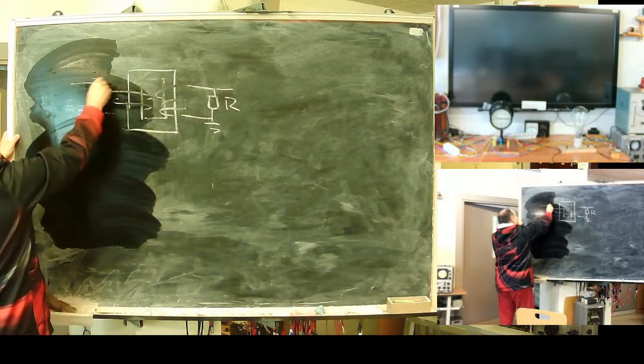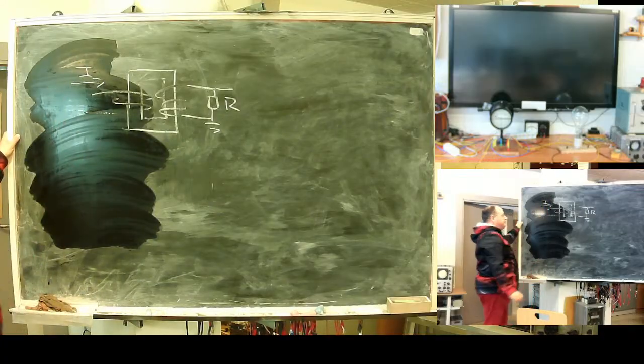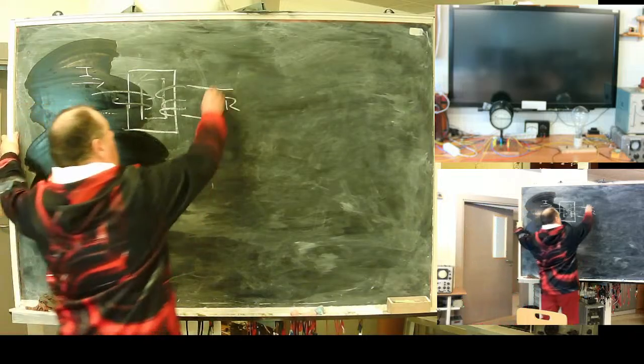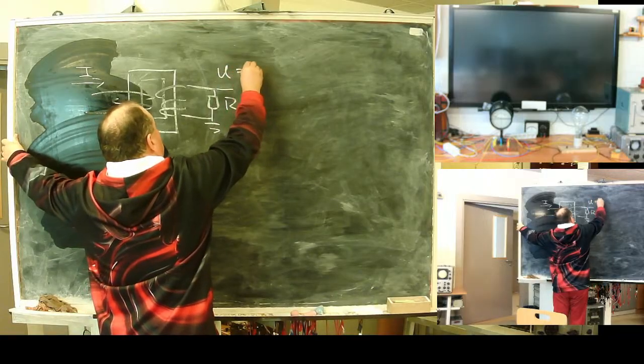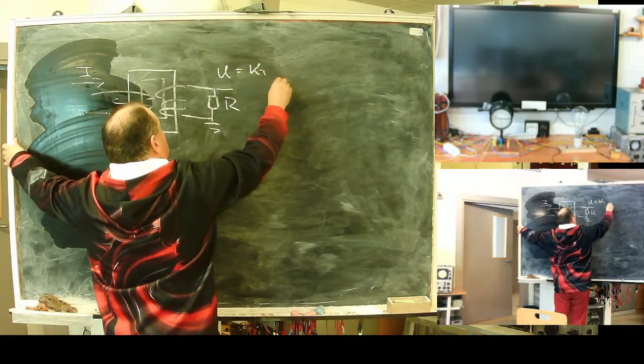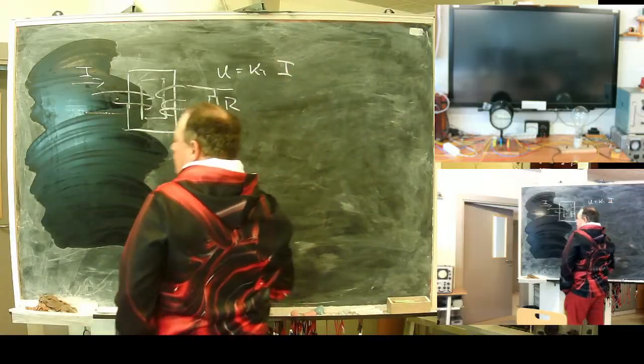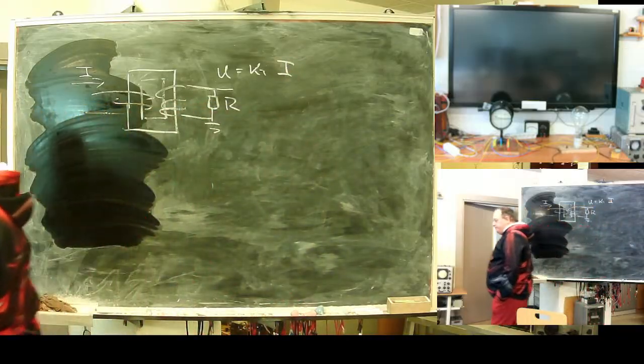This is for current. Steel core transformer. This circuit as a result will produce a voltage proportional to the current. Very easy, yeah?